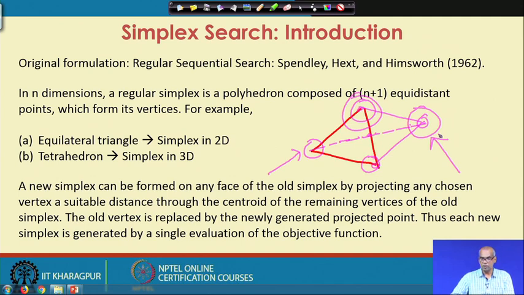We call it a reflection, and the worst point in the old simplex is now replaced by the new projected point in the new simplex. Now, I evaluate the function value at the new projected point, and you see that when I go from one simplex to another, I am doing a single function evaluation, except of course for the first iteration or at the initial starting point of the algorithm.